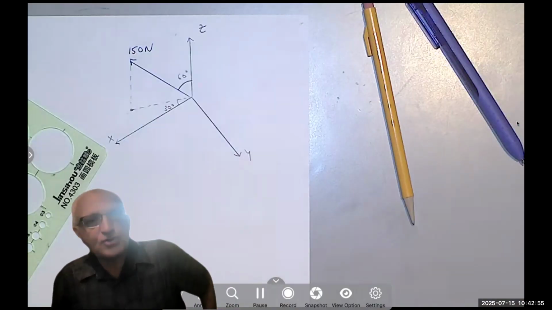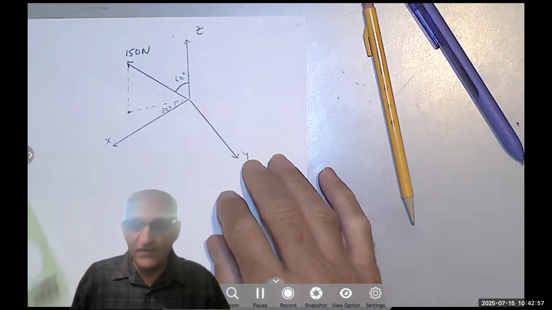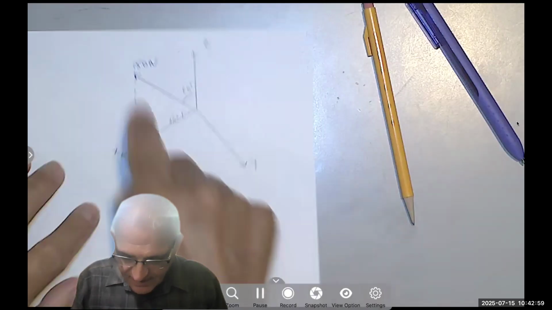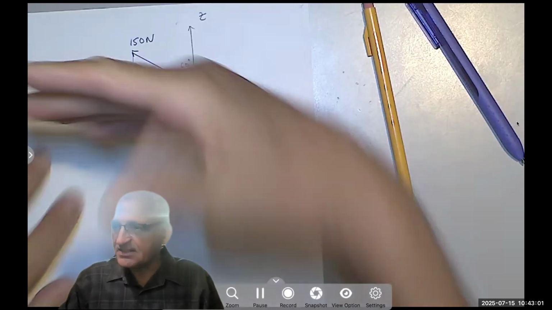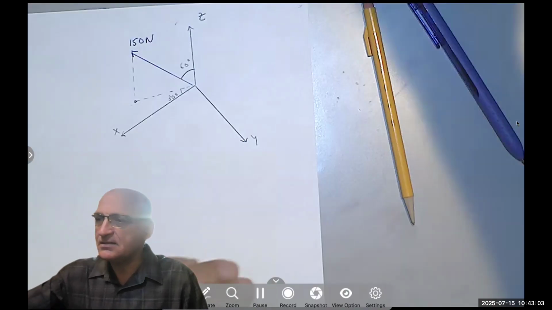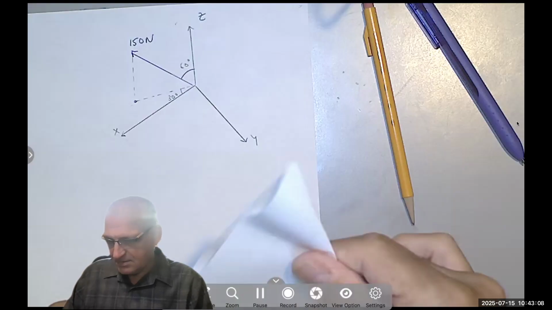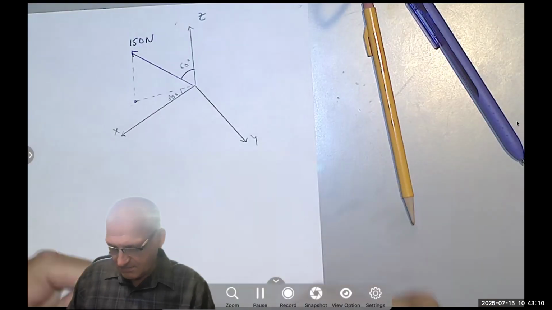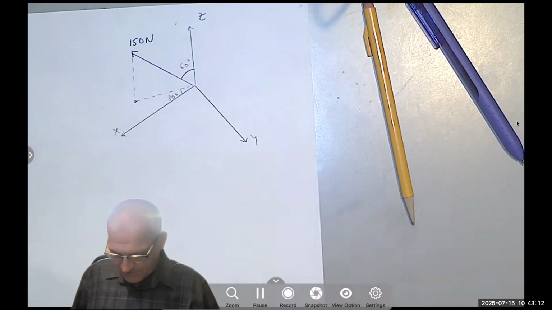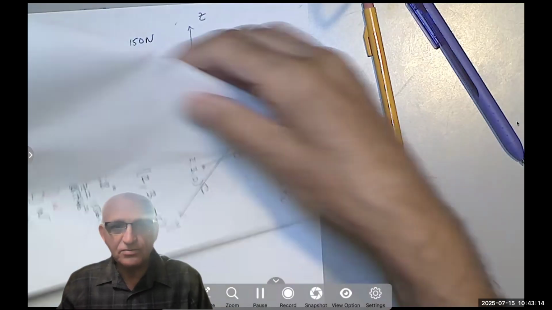And I want to project it and write it in vector form. So I want you to understand that this triangle is an upright triangle, something that would look like that in 3D.